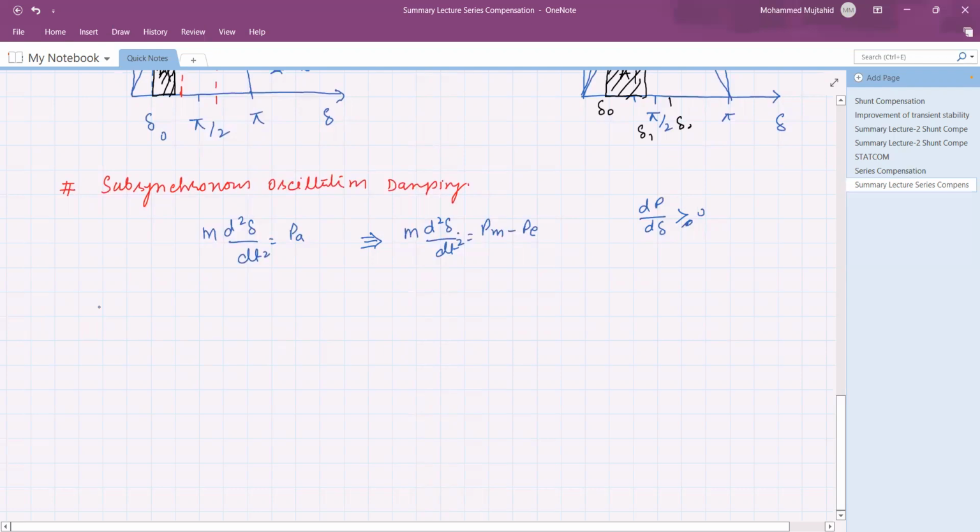Now our objective is to know what are the different methods available to control the compensation.